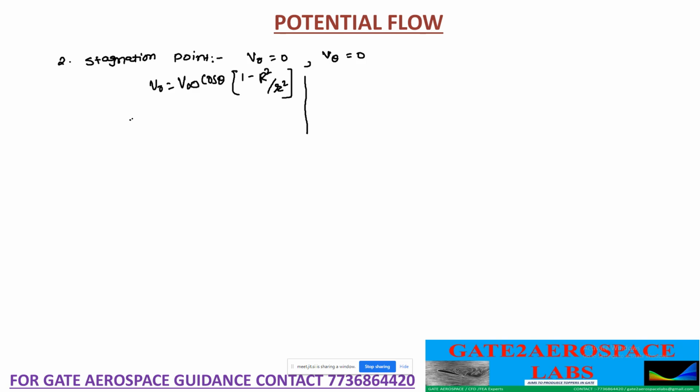If you observe, when r is equal to the radius of the cylinder, in that case Vr is equal to 0. This is the cylinder we are observing.